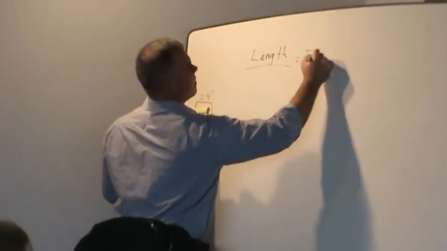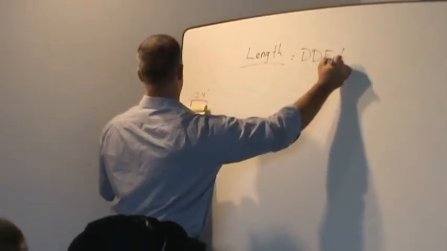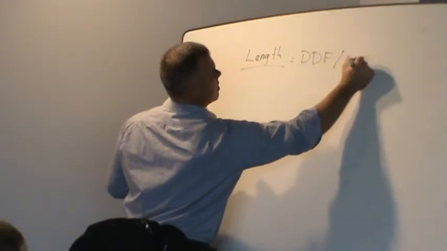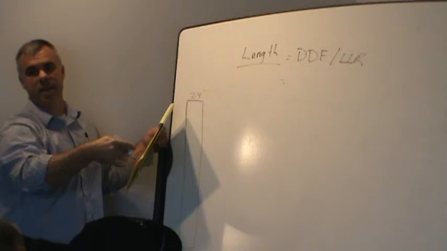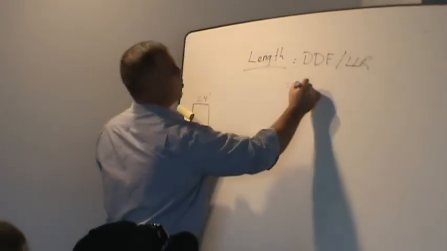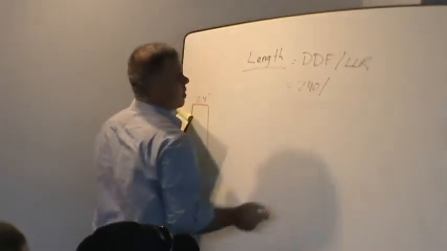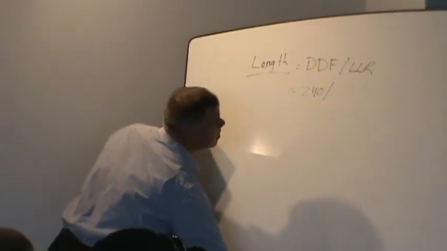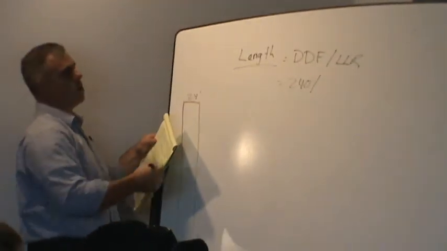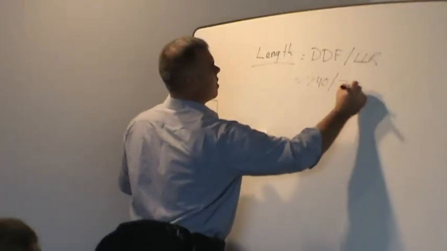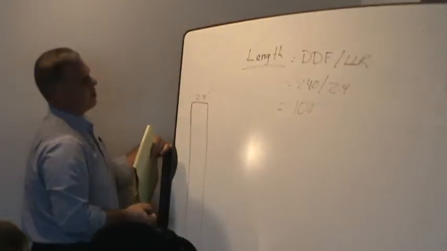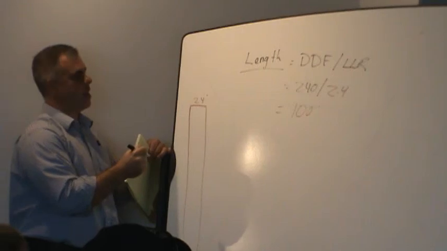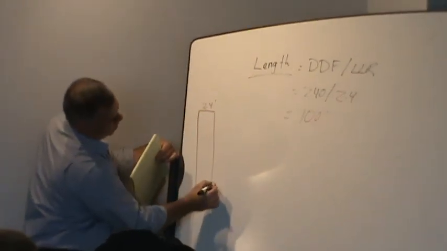Length equals the daily design flow divided by the lineal loading rate. So the daily design flow in our 2-bedroom house is 240, divided by the lineal loading rate, which was 2.4, equals 100 feet. Distribution area, 2.4 feet wide, 100 feet long.